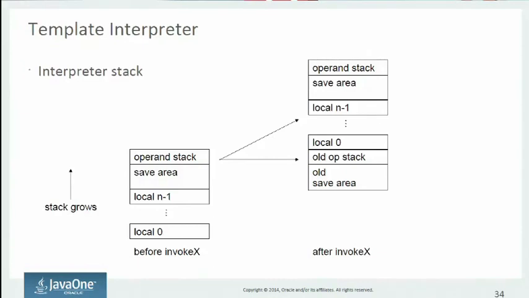All right. So as we're executing, we run into method invocations, and the interpreter has to manage the stack. Over here on the left is a representation of what the stack will look like. Stack is growing up in this case. Before we have an invocation, we have our local variables, which are the parameters that were passed into this particular method, as well as the local variable slots that had to be allocated for its execution.